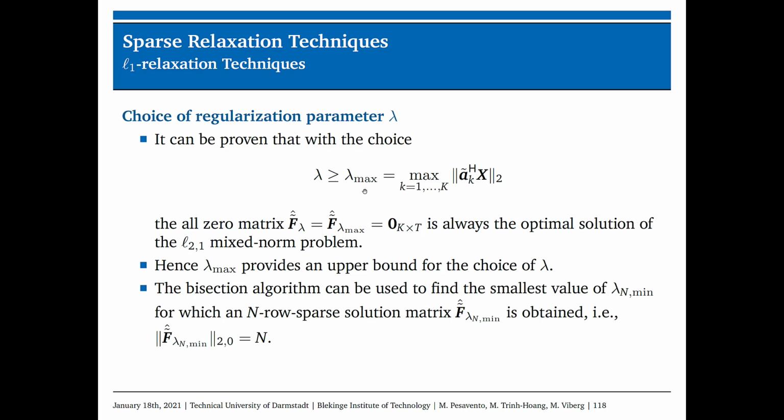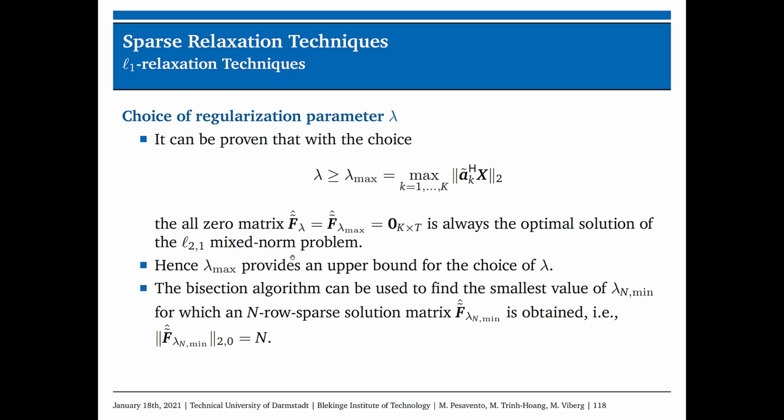In order to find a reasonable value for lambda, we can use the following useful upper bound result. It can be proven that with a choice of lambda exceeding a maximum value lambda max as given in this equation, the all-zero matrix F0 is always optimal.